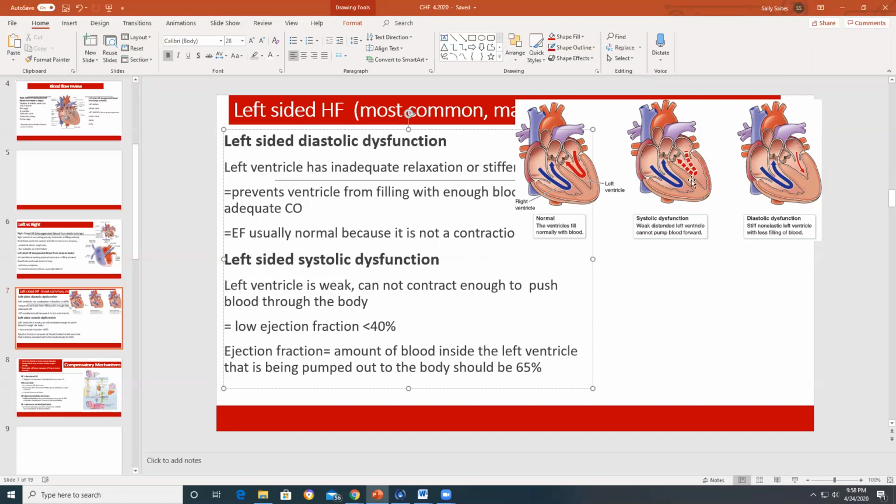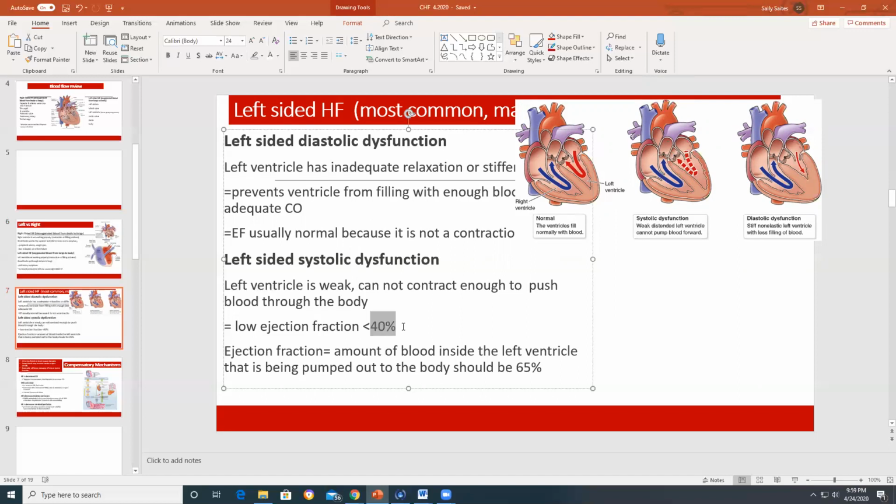The muscle in the ventricle is not strong enough to push the majority of this blood out into the aorta. It should be pushing out approximately 65% of the blood in the ventricle out to the body. Okay. What you'll see when an ejection fraction test is done with this left-sided systolic dysfunction is it's going to be 40% or less.